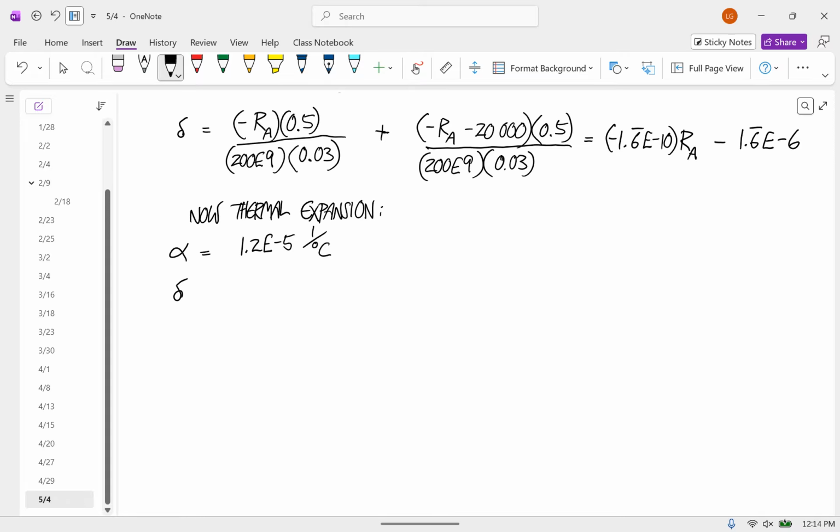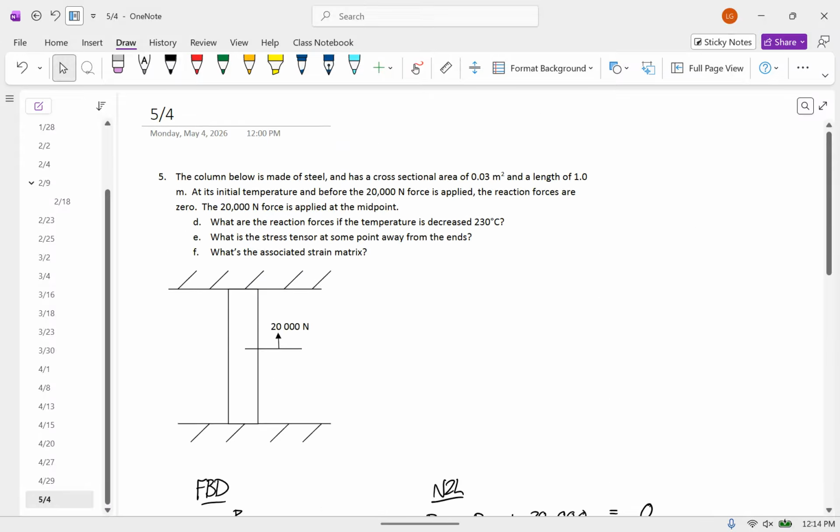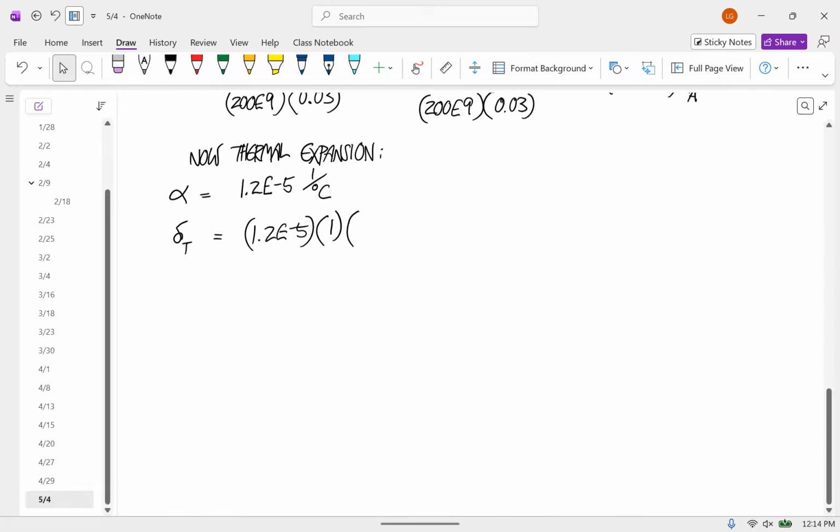So the thermal change in length is 1.2 times 10 to the minus 5 times the full length of 1 times the change in temperature, and this decreases 230 degrees Celsius, so minus 230.